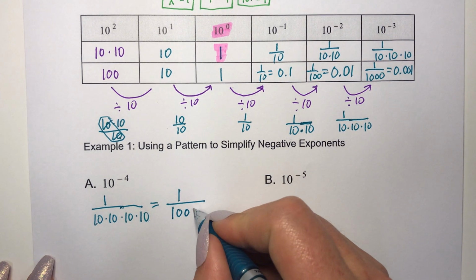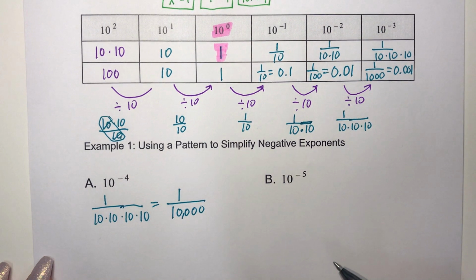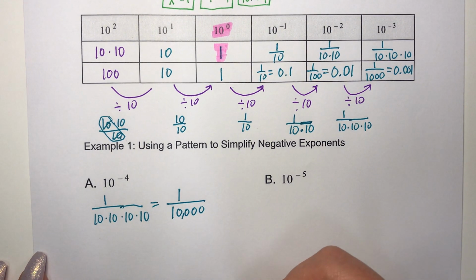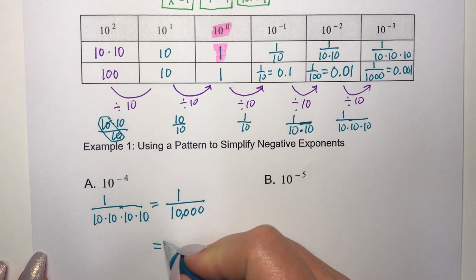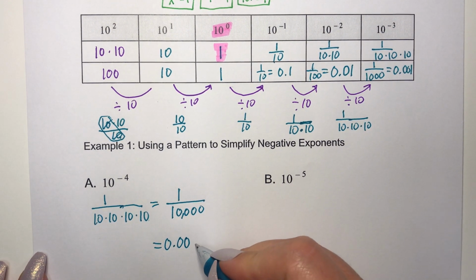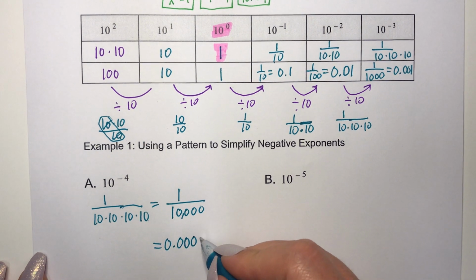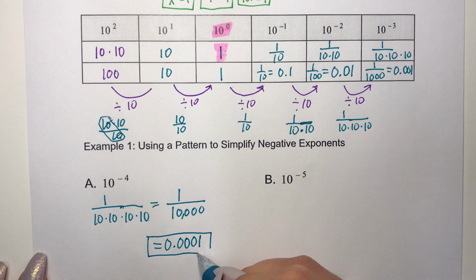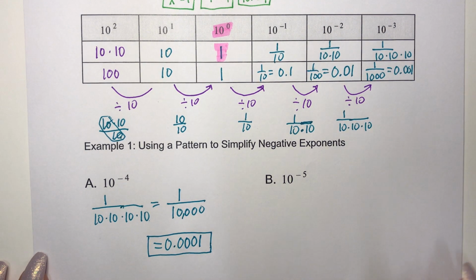So 1/10,000th, which in the form of a decimal would be 0. This is the tenths, hundredths, thousandths, 1/10,000th would be right there. That would be our answer. This is in decimal form. This is in fractional form.